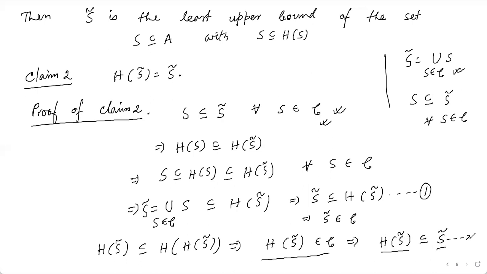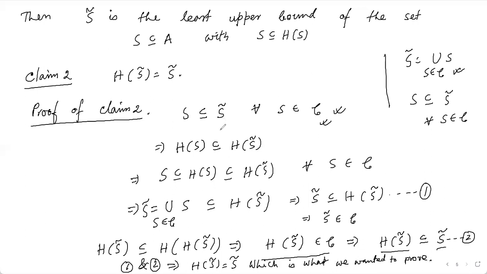So this is the second inclusion. Now inclusion 1 and inclusion 2 together imply H of S tilde is equal to S tilde, which is what we wanted to prove. So this completes the proof of Bernstein's theorem.